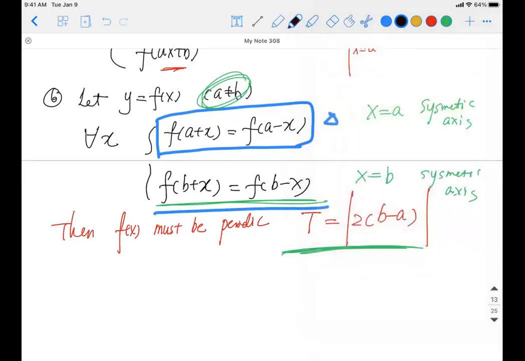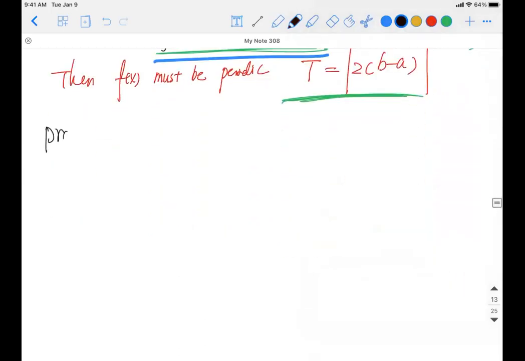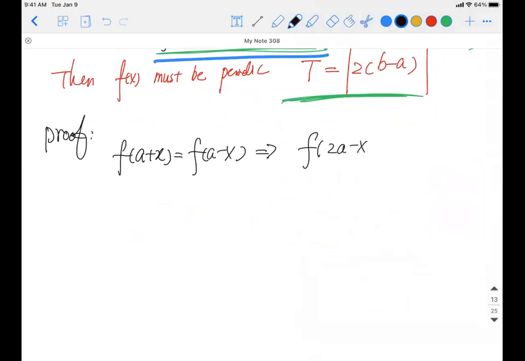Proof. f(a+x) equals f(a−x). So that means f(2a−x) equals f(x), right? Is it understandable? I basically let x equal x minus a.